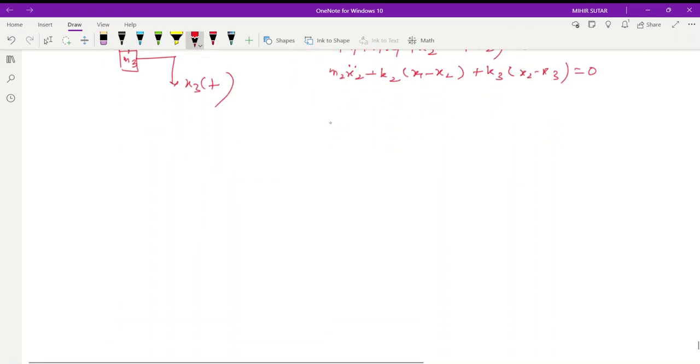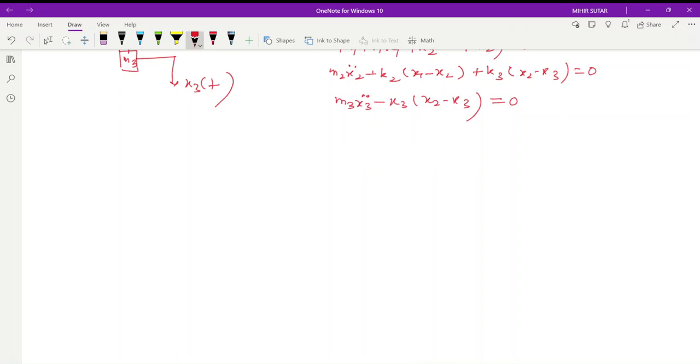Okay. m3 x3 double dot minus k3 into (x2 minus x3) is equal to 0.